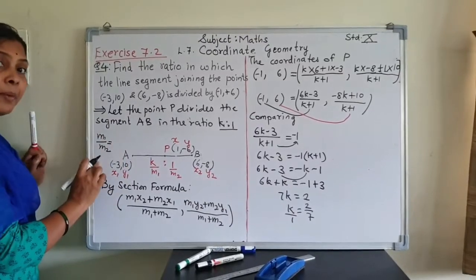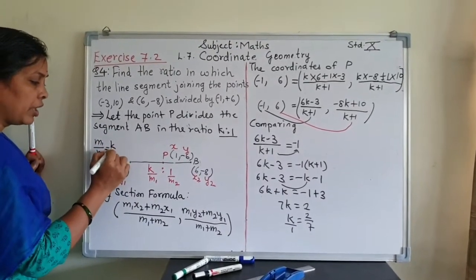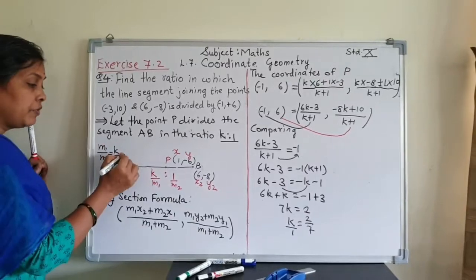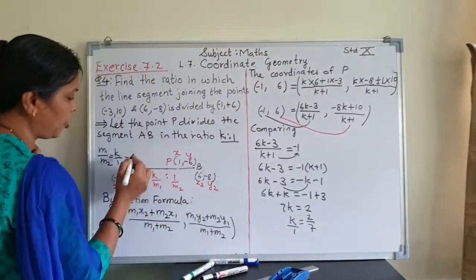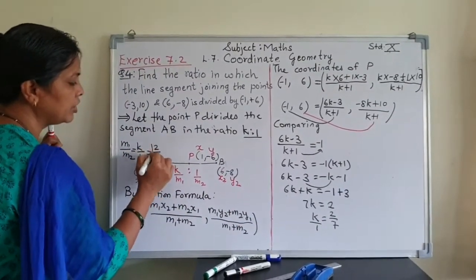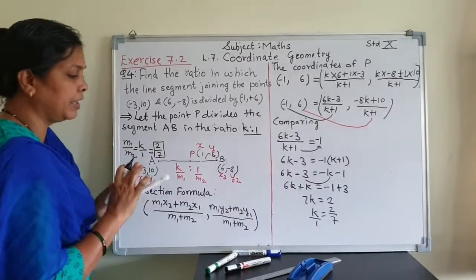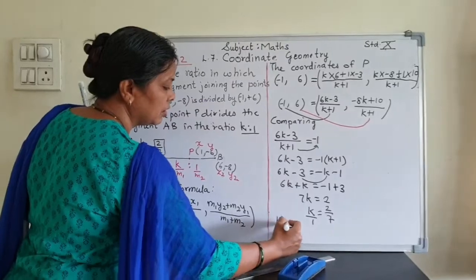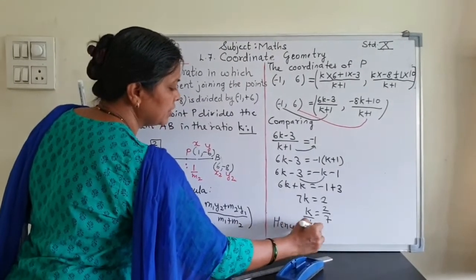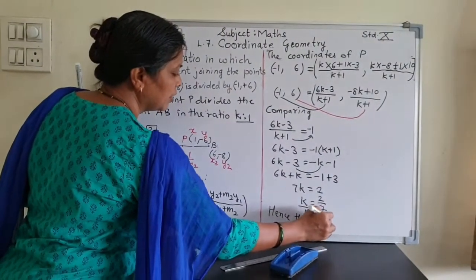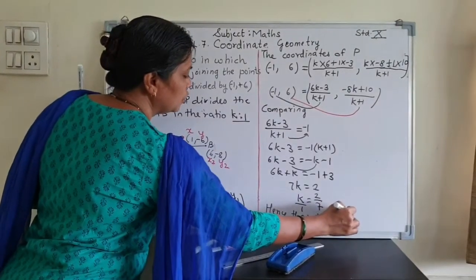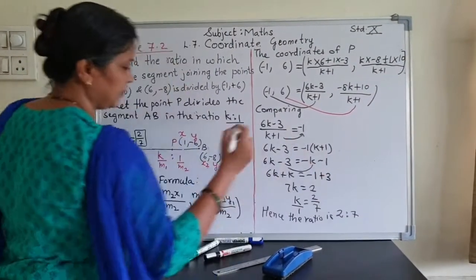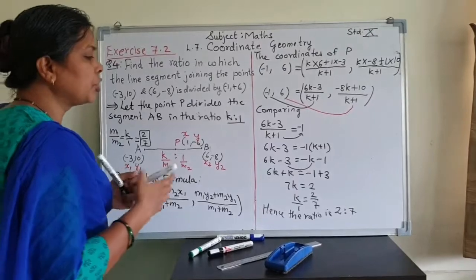The ratio is m1 upon m2, which is equal to K is to 1, which we get over here as the value we found. So hence the ratio is as computed. I hope you have understood this.